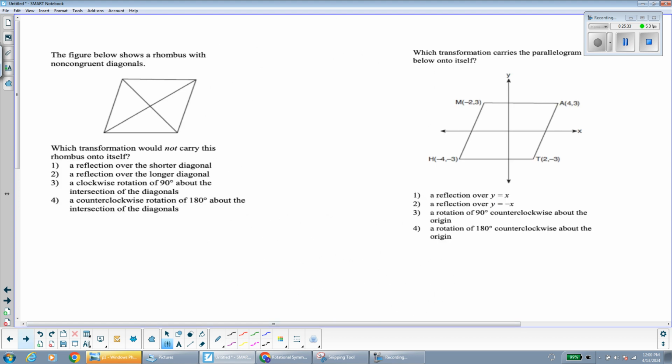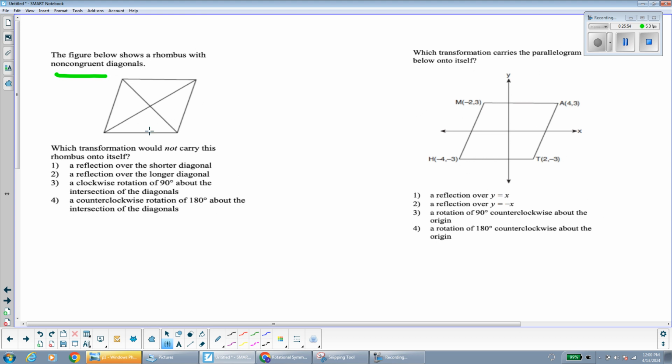With that being said, we have 2 more examples over here. And it says in the first one, which transformation would not carry this rhombus onto itself? And it does say that the diagonals are not congruent in this rhombus. Answer choice number 1 says a reflection over the shorter diagonal.